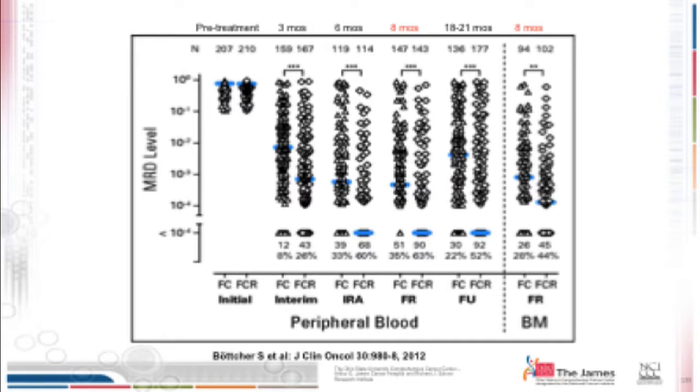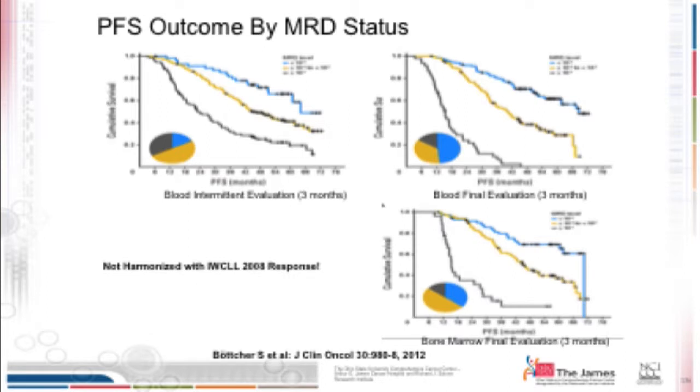So we're left with the paradigm we'd like to get away from doing bone marrows in CLL as well, but I think bone marrow probably is still better. And probably the best time to do this is at the end of therapy. And this shows that using a very sensitive assay, getting down to the 10 to the -4, at the end of therapy, in the blood, in the bone marrow is probably a little bit better, and that this segregates patients with modest, no, or positive MRD outcome very significantly.